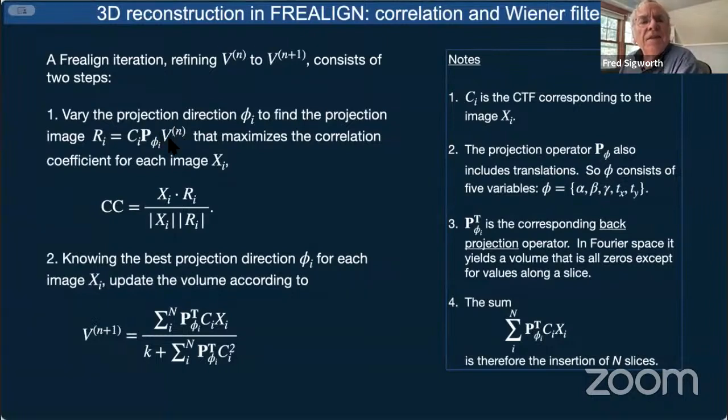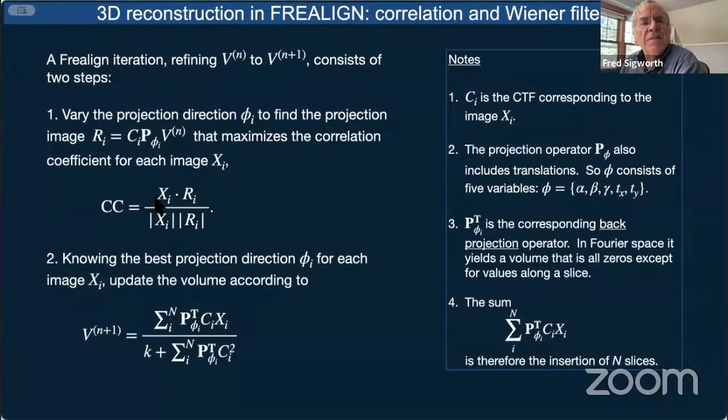So we take the initial estimate of the volume, we compute a projection of it in a particular direction, phi sub i, and operate on that with the CTF for the ith image, and this is then a reference that is supposed to match the ith image. And so what we do is we vary this direction phi to find the reference image that maximizes the correlation coefficient for a given x sub i.